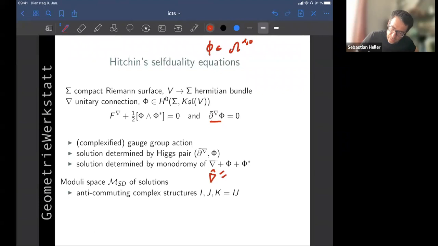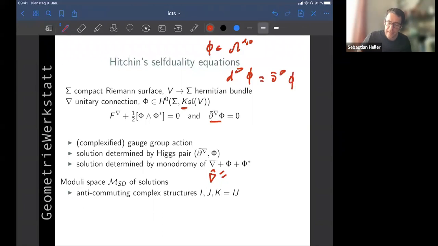By definition, because K is the space of 1-0 forms. So if we take the exterior derivative with respect to the connection of phi, we just get the del bar derivative, the holomorphic derivative, the 0-1 derivative of this phi.